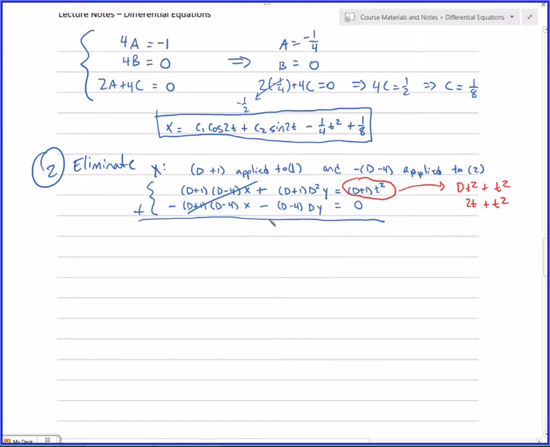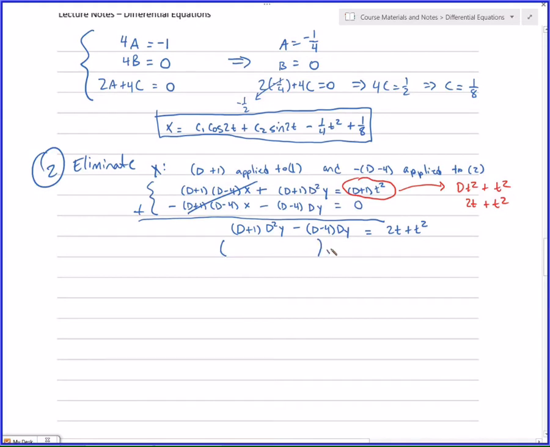So add these up. I now have a d plus 1, I'll go ahead and write it out, d squared y minus d minus 4 dy equals 2t plus t squared. Okay, so let's simplify this a little bit.